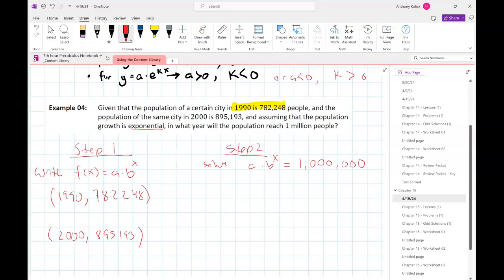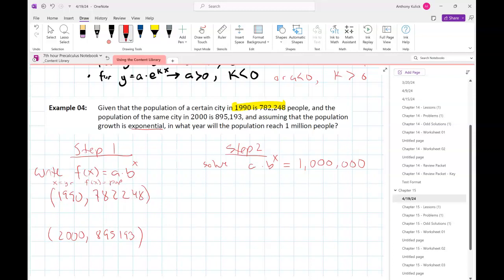Everybody okay there? What do you notice, though, about the 2 points that I have? Neither one of the x coordinates is 0, right?